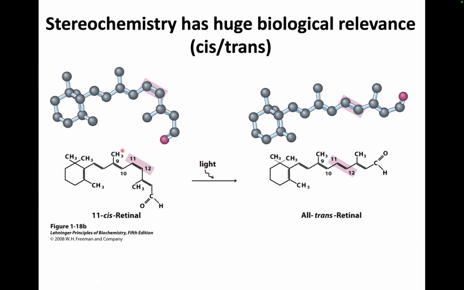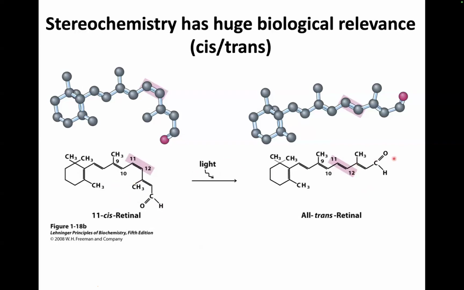And so the energy of light is actually able to break this bond and switch the cis configuration to the trans configuration. So you can see carbon 11 and 12 here. You've gone from cis to trans. You flipped the position of this functional group.